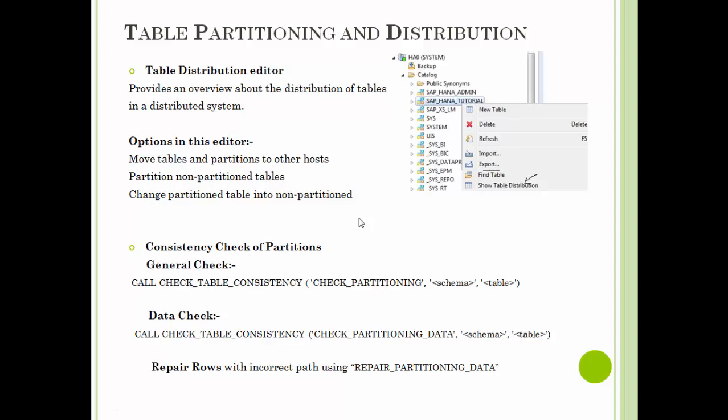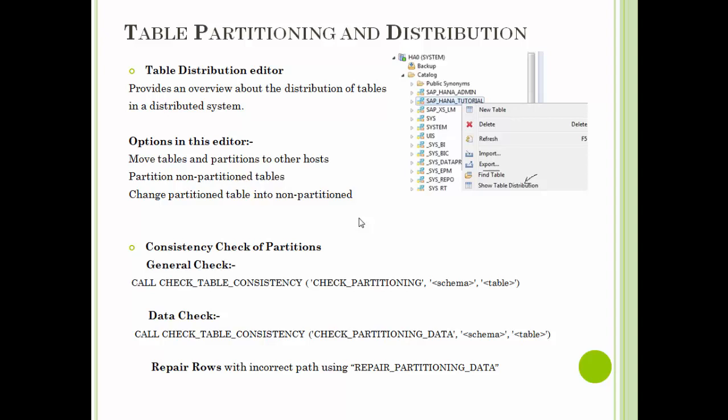But before moving tables or partitions, the system checks whether the host has sufficient memory, in case we plan to move a big partition to a newly added host. So before moving, SAP HANA will internally check if there is enough space in the new host or not. If not, it will display a warning so that we can increase the memory and then do the partitioning.